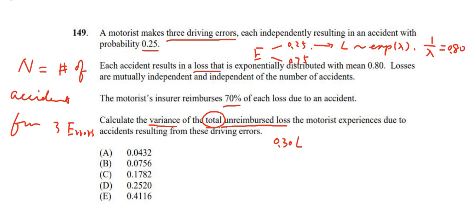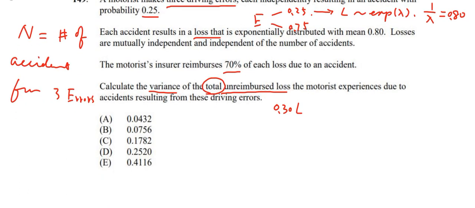So this n is a random variable. This n can be 0, can be 1, can be 2, can be 3, right?